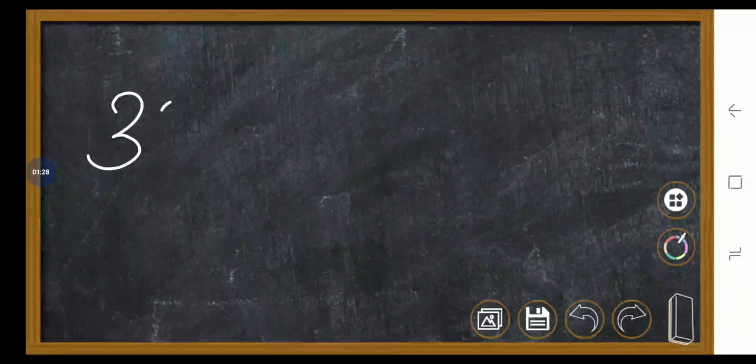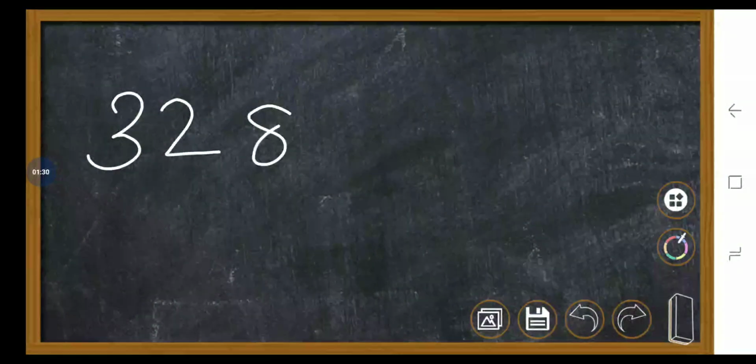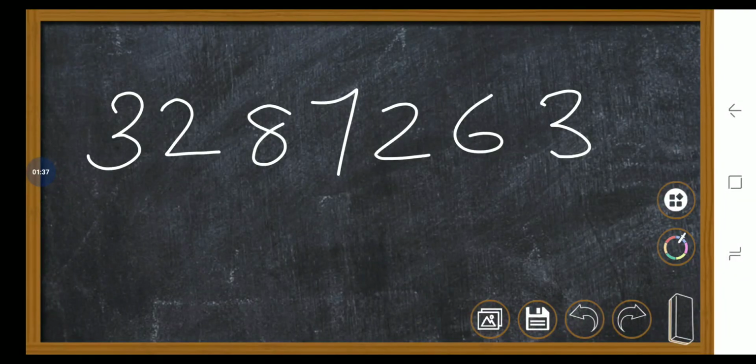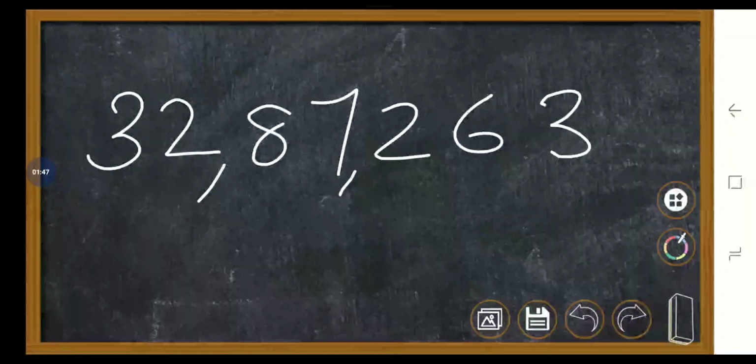So go back to the number again: 3,2,8,7,2,6,3. How to read this number? To read this number in the Indian system, you start from the right and count 1, 2, 3 and put a comma there. Then 1, 2, and again put a comma there.